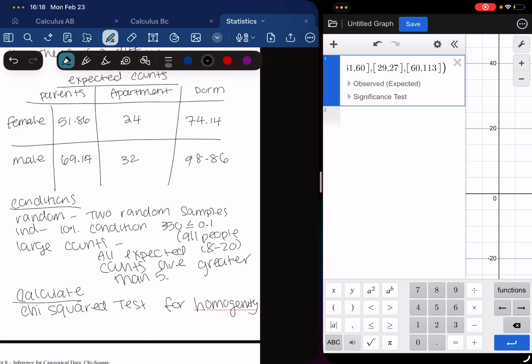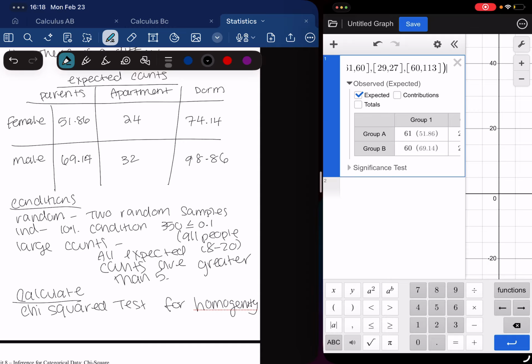Hit create tests. And if I click on this drop down right here, notice that all these numbers that are in parentheses on the table are actually our expected counts. So that's where we would find the expected counts to form the table in the communicate.